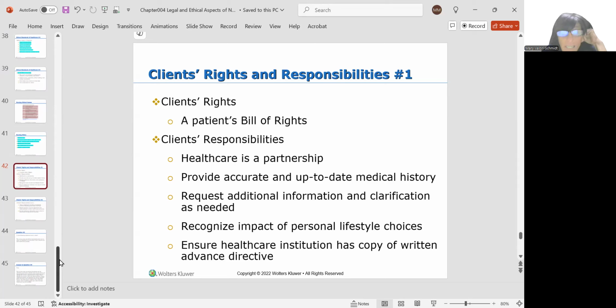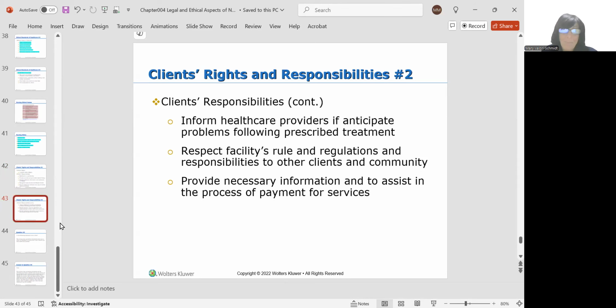The responsibilities are also things like understanding that it's a partnership, making sure they're being honest with us as healthcare providers so that we can give them the right care. So, taking into consideration their health history and information. They need to understand that their lifestyle choices have an impact on their health, right? And you want to make sure that the healthcare institution has a copy of the advanced directives, right?